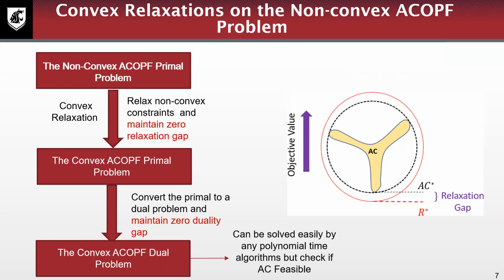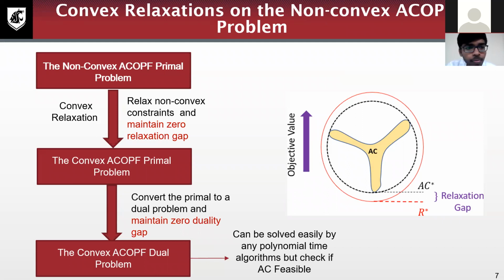What researchers do is expand this whole space in such a way that the relaxed space becomes convex. Once this relaxed space becomes convex, you can reach a global optimal point using any polynomial time algorithm.